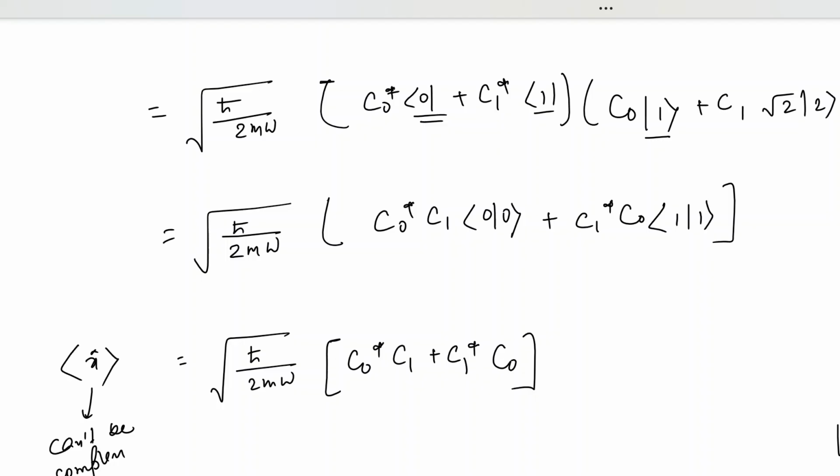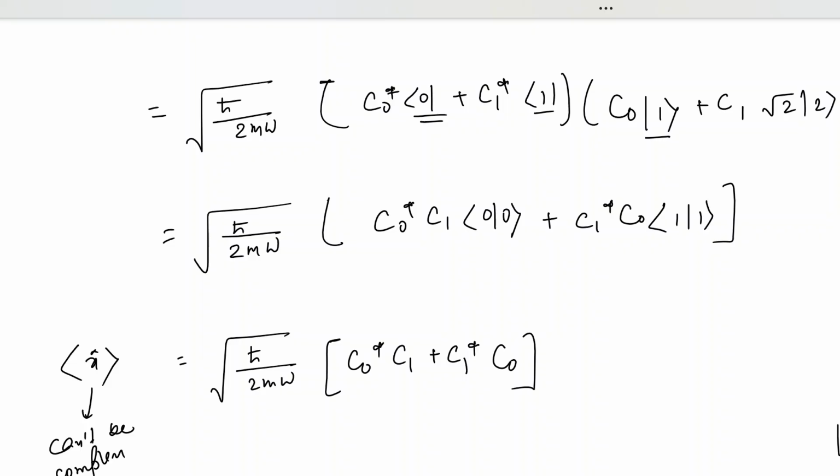So basically you need to take the modulus of each of these terms. That means |c0||c1| can be written as |c0| root over of 1 minus |c0|² from this relation.